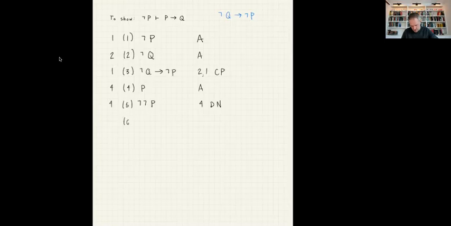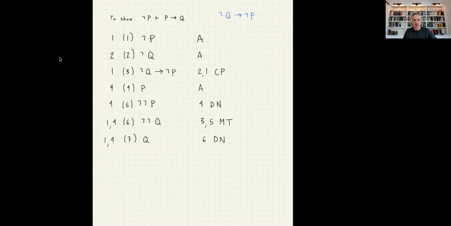And then you can apply modus tollens to 3 and 5 to get not Q. And then take off the double negation. So 6, double negation.